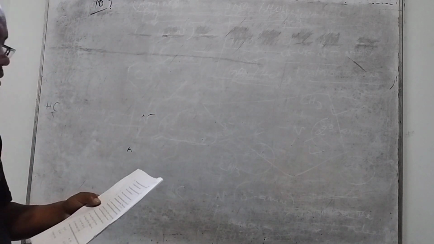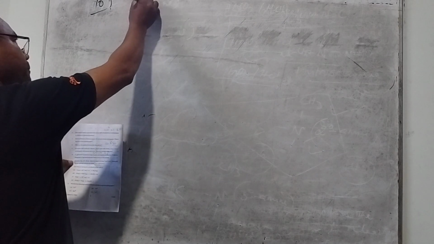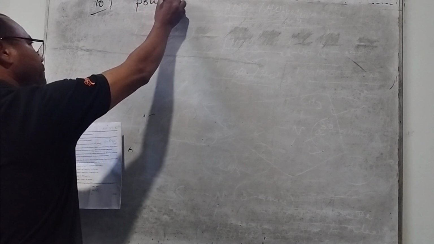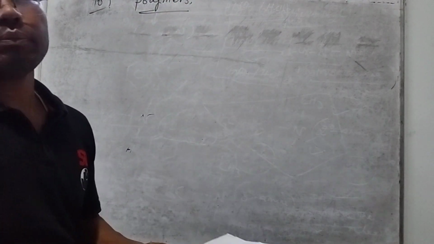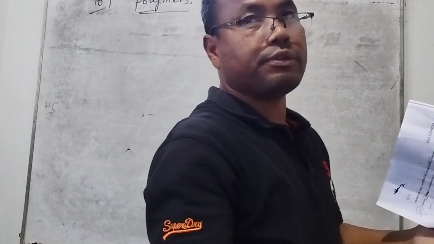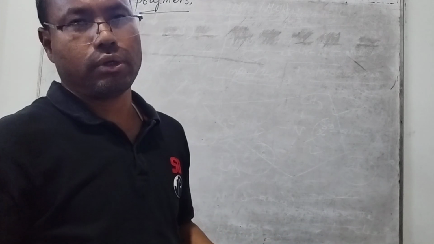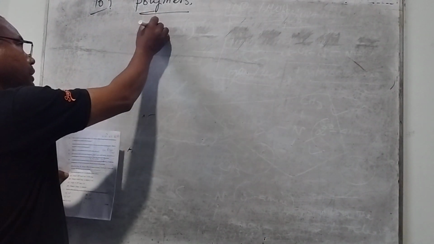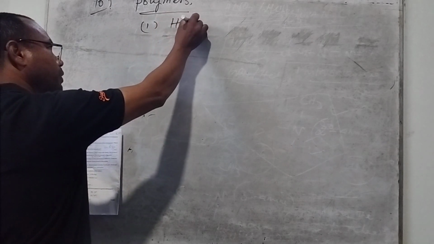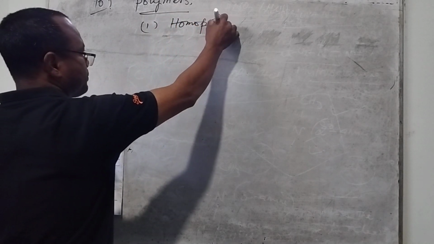This is a question from polymers. In polymers, we have two different types based on the types of monomers. One is homopolymer.